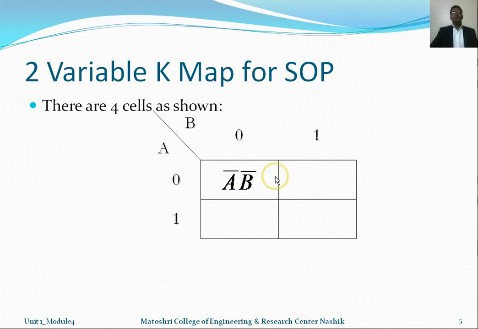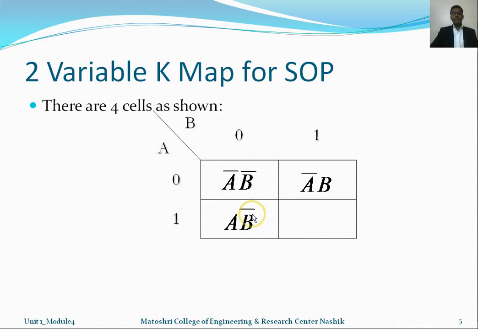So we show here A complement and B complement. Similarly for the second cell, the value of A is 0 and the value of B is 1, and for a 0 value we give a complement to that variable, so A bar B is shown in the second cell. Similarly for the third cell, we identify row into column, which gives 1 into 0: the value of A is 1 and the value of B is 0.